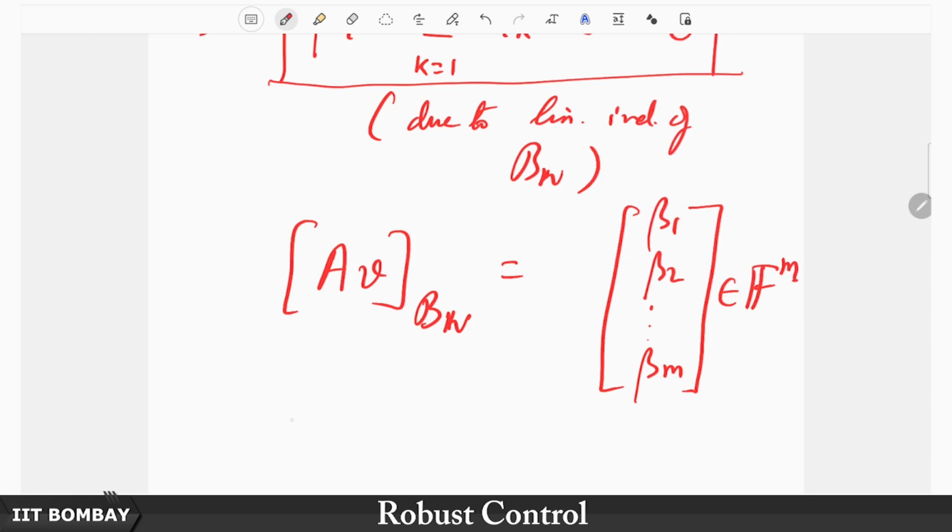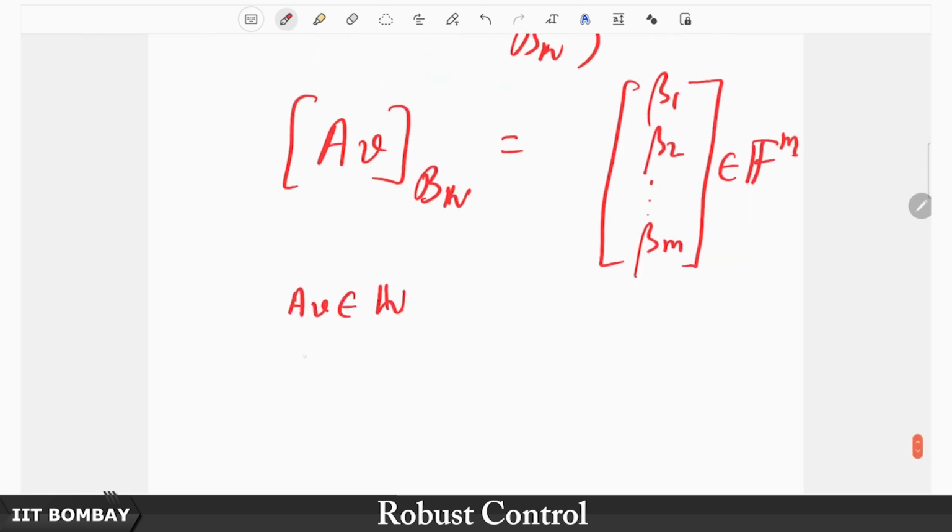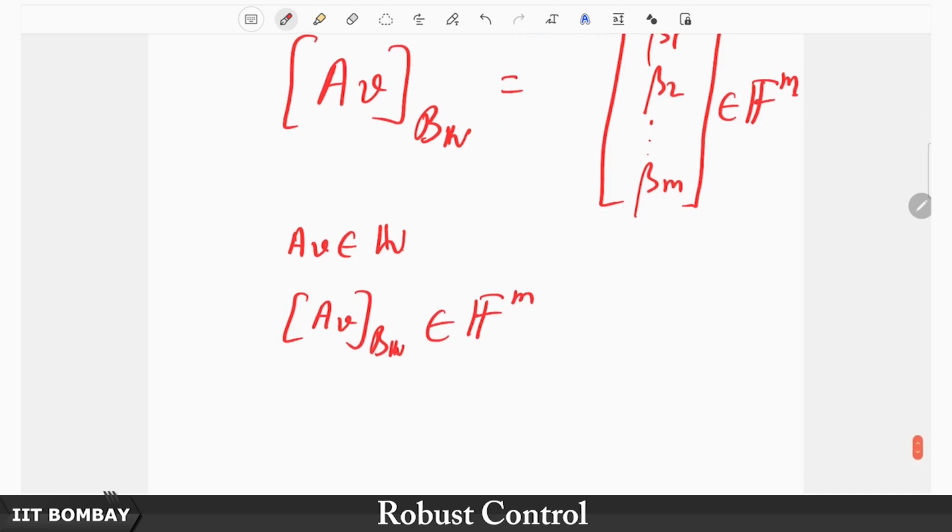Remember, AV belongs to W, and this AV represented in this coordinate form belongs to Fm. This representation is possible only subject to the existence of such an ordered basis.